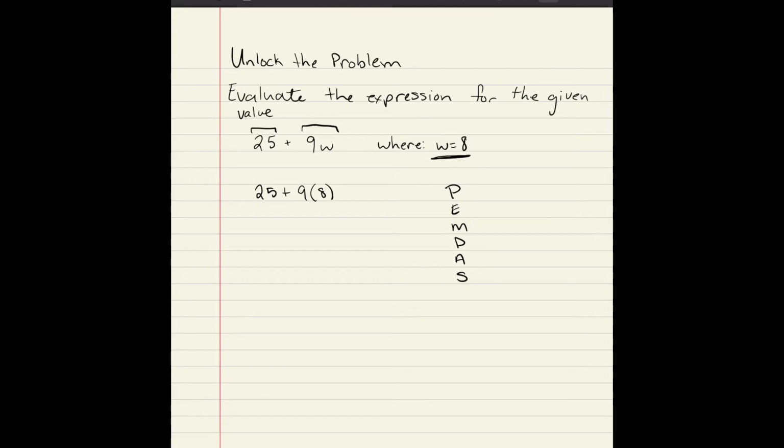So first is parentheses. We have parentheses here, but it's indicating multiplication. So it's not like we have 6 plus 7 in the parentheses. So we don't have parentheses. We don't have an exponent. We do have multiplication. And I wrote my PEMDAS wrong. There we go. We do have multiplication.